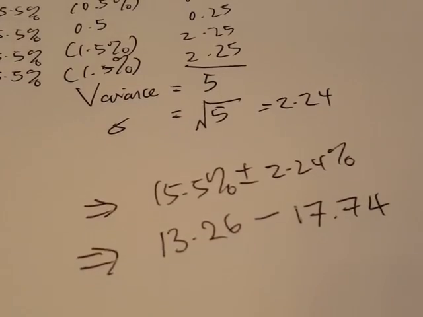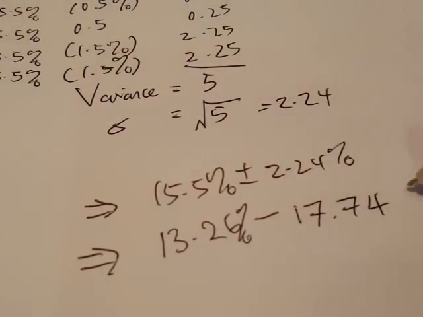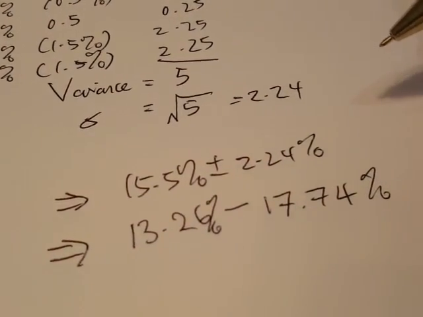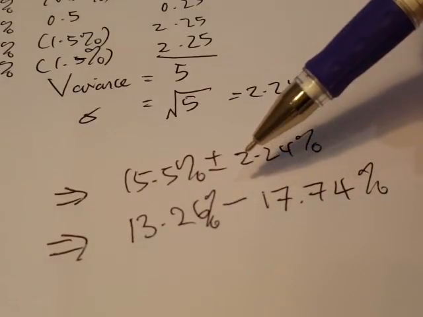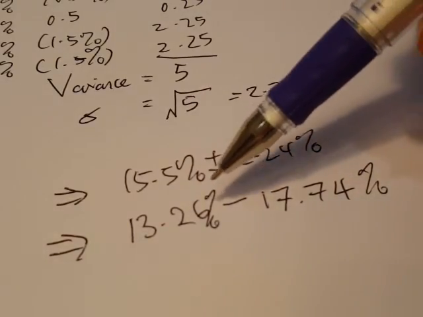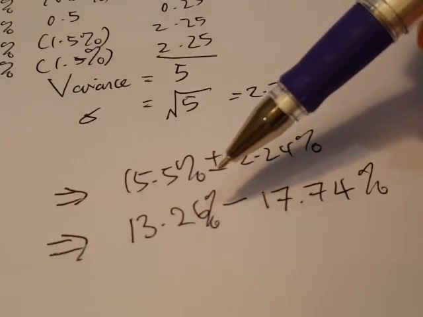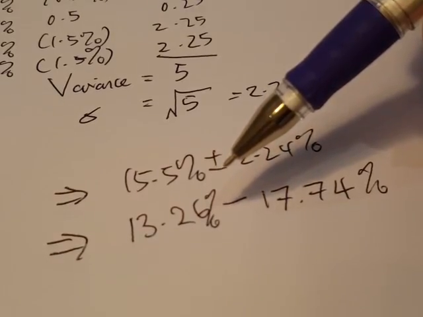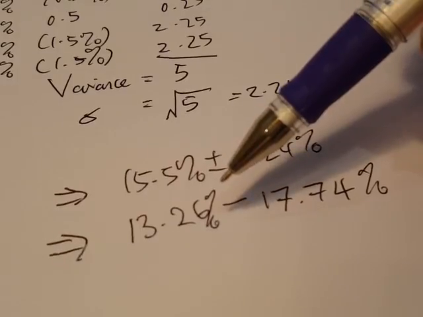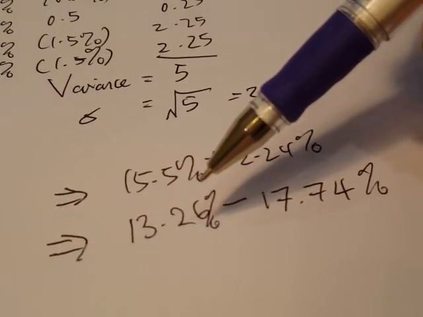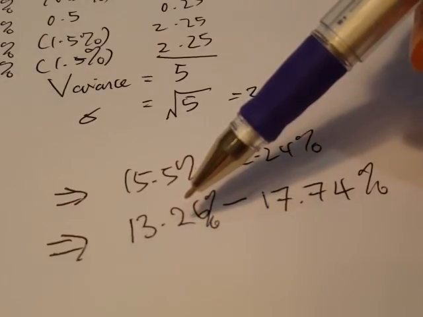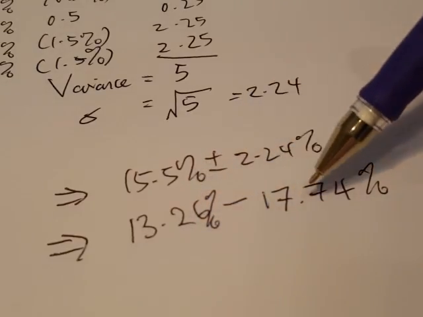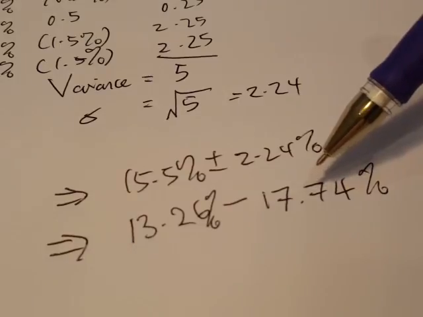It means this is the range. So if the investment gets into the worst possible situation, yeah, negative outcome, the lowest return you can go is 13.26%, but in the best possible situation, it can reach up to at least 17.74%.